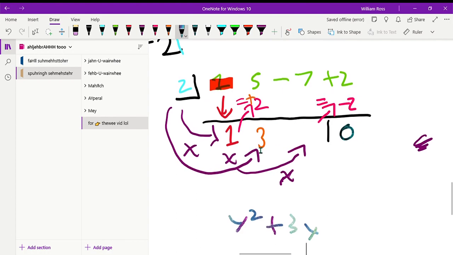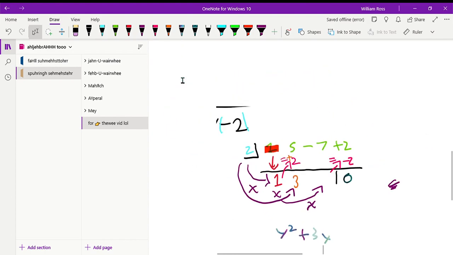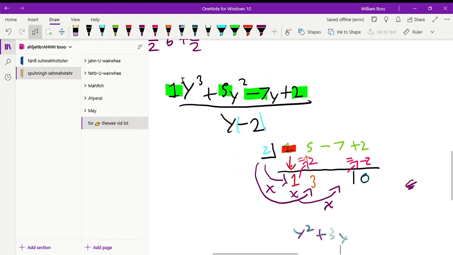Wait a second. Oh, I did this completely wrong. Oh my god. I did this completely wrong. Okay. I'll cut it out.